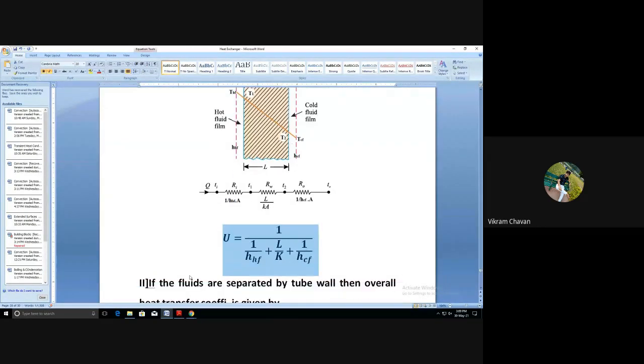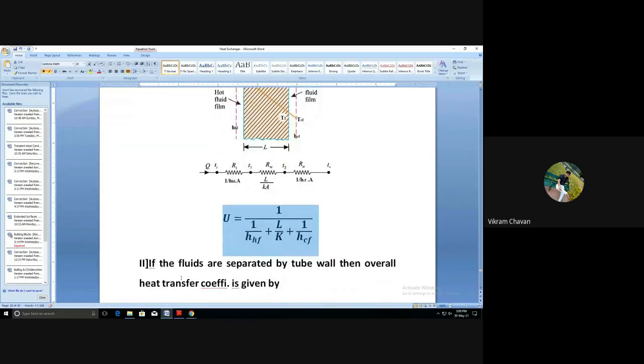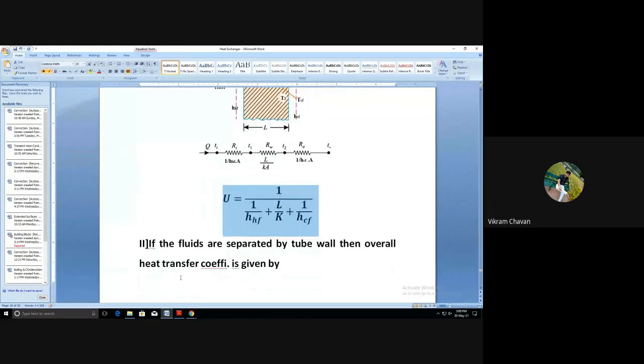Okay. And the second part of this overall heat transfer coefficient is for the tubes, or for the cylindrical heat exchangers.